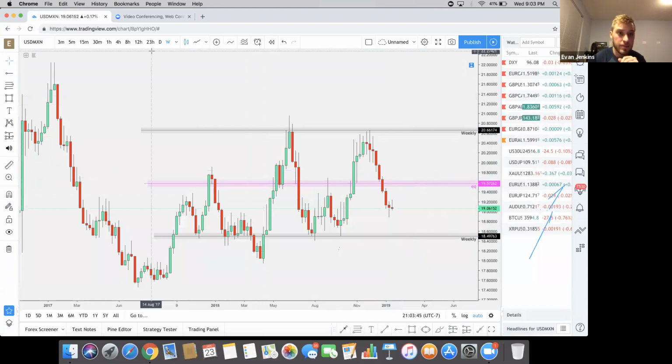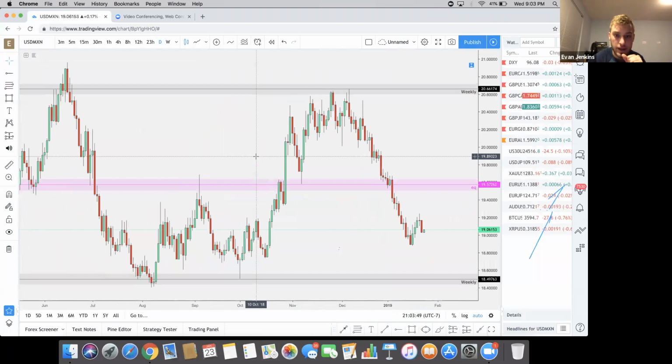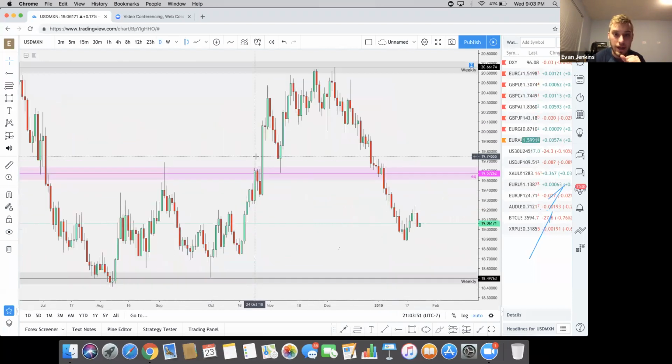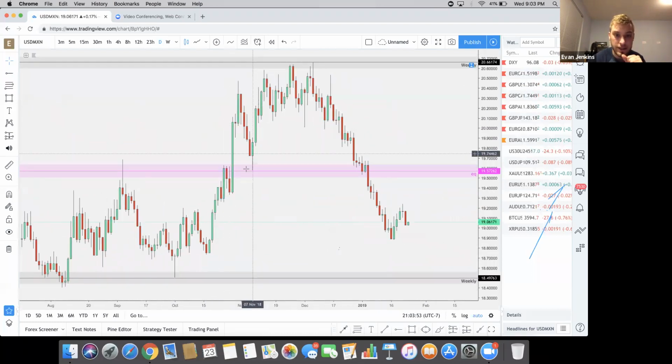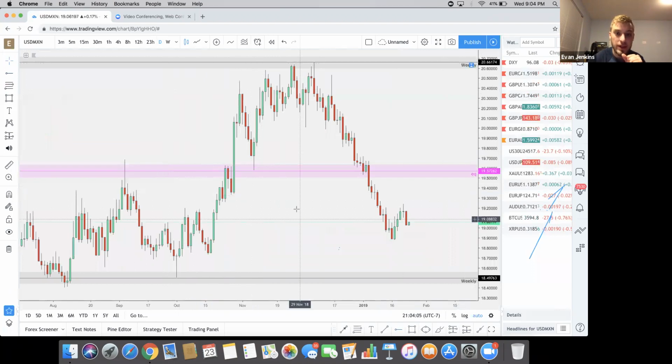Get rid of the fib. And now we step down to a lower time frame. Okay, cool. I was actually going to draw a daily support and resistance right here. And that equilibrium is actually perfect for the daily support resistance. I'm just going to get rid of that because it's in the zone.